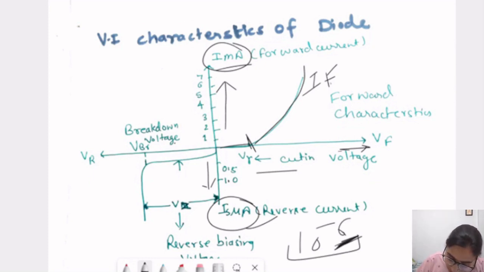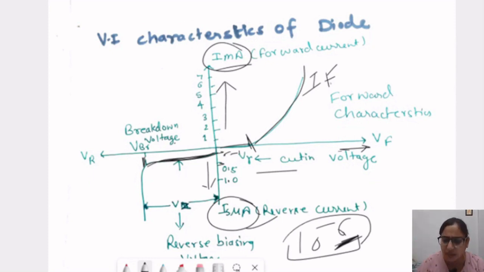Till it attains a particular breakdown voltage, the current is negligible, considered very small or similar to zero, like 0.1 microampere. So it is very negligible, 0.1 microampere, till it attains the breakdown voltage. And after attaining the breakdown voltage, a sharply rising current flows.